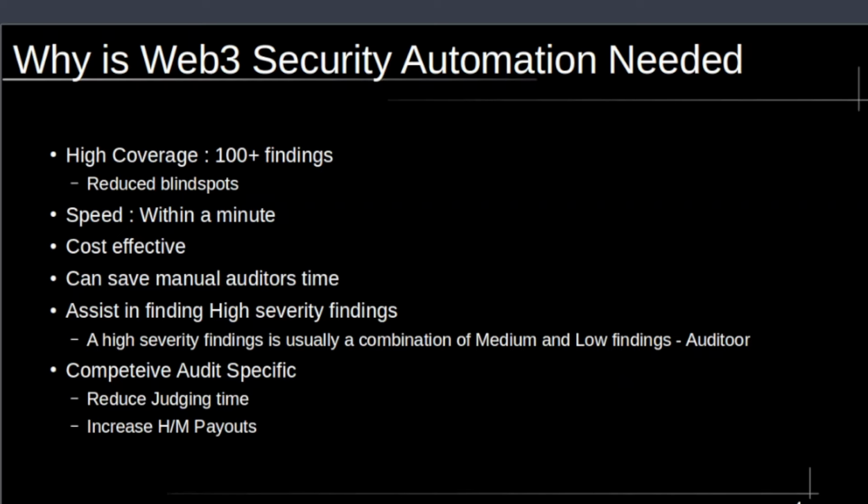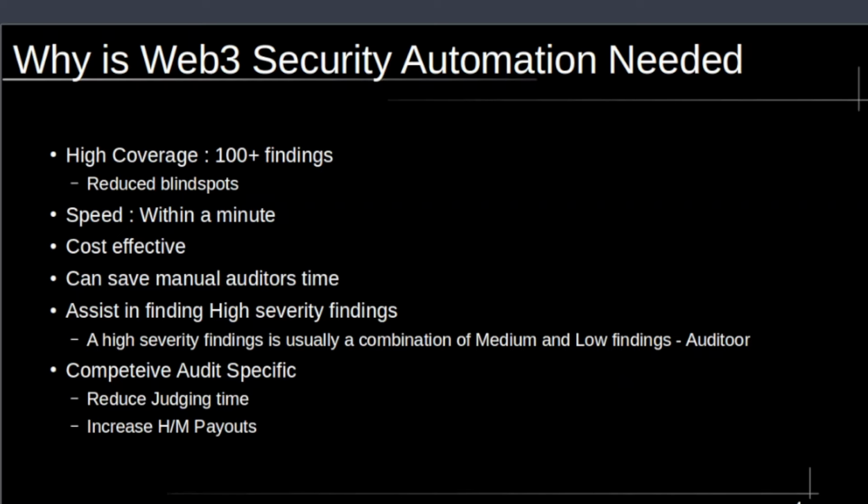Another huge advantage of using this in the comparative audit space is that it can help increase the high and medium payouts for those very valuable findings. Let's say you have an HM pool and there are 5 unique findings. Of those 5, 3 of them are relatively simple and easy to detect, stuff relating to ERC20 interactions or unchecked returns for particular functions, stuff along those lines.